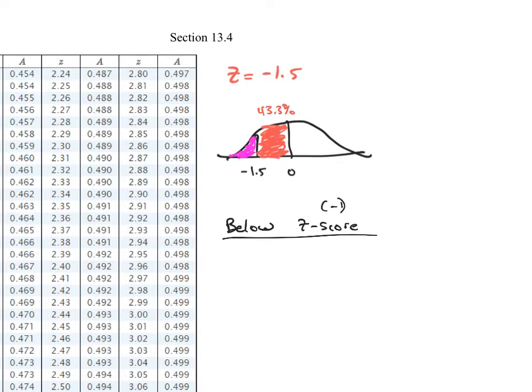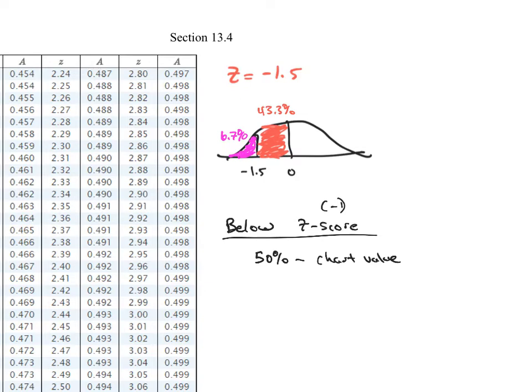Well, I know all the way to 0 is 50%, so I'm going to do 50% minus the chart value. If I do 50% minus the chart value, in this case it would be 50 minus 43.3, that would give me my 6.7% right there.